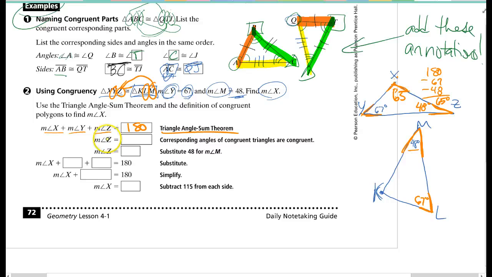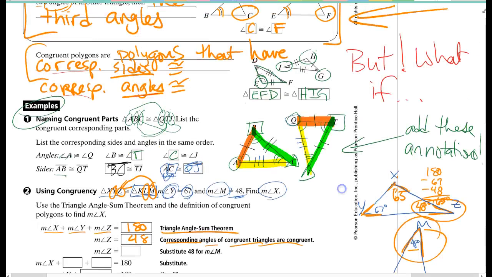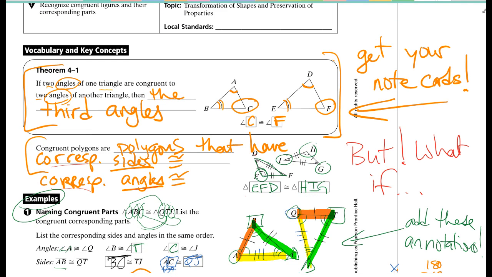And we know something about angle Z, that it's 48, because they told us that M was 48. So we can fill that in. The corresponding angles of congruent triangles are congruent, which came from this. 2 angles, then the third angle has to be congruent. And right here, congruent polygons, or in this case, congruent triangles, have corresponding angles that are congruent.